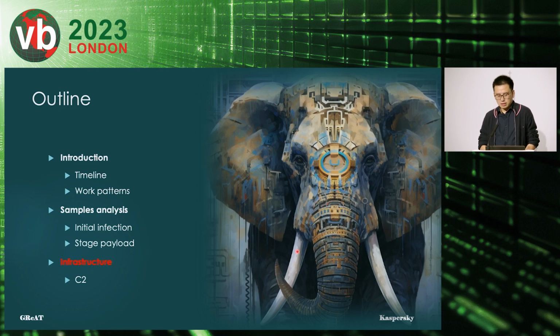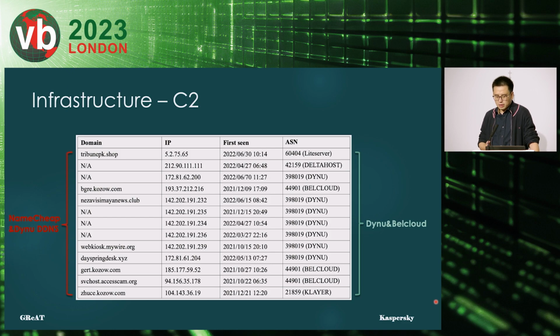Okay, last section. Let's talk about the infrastructure. Dropping Elephant continues to use various hosting providers like Dino, Bell Cloud, and Clear that host. As you can see in this table, Dino and Bell Cloud have been preferred in recent attacks.